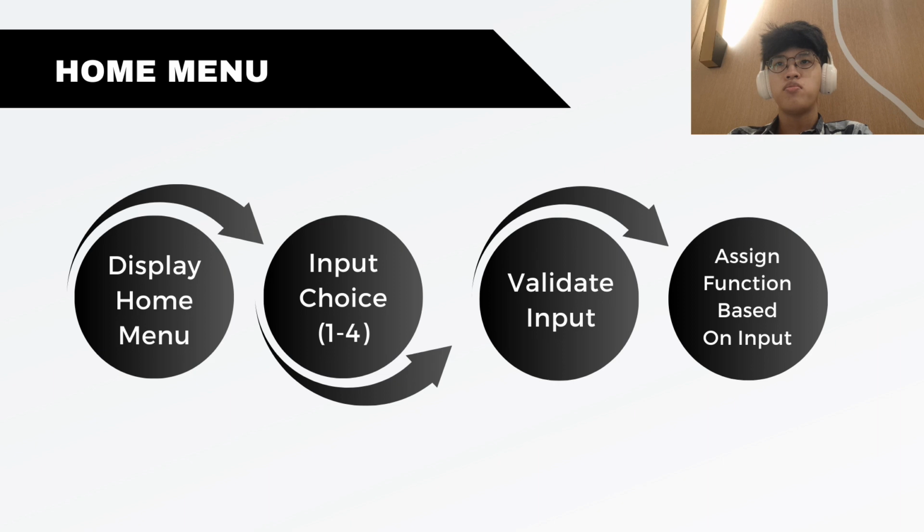This step prevents errors and maintains smooth operation. Finally, the system executes the appropriate function based on the validated input. This step ensures the user is directed to the desired operation or section.